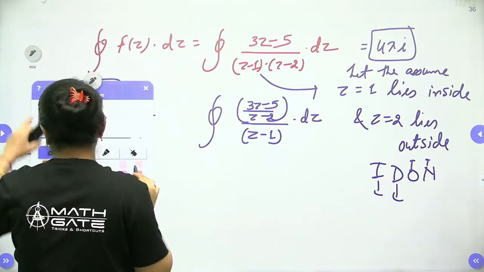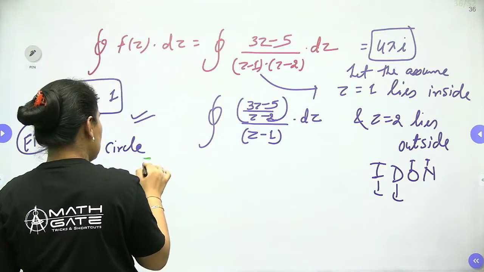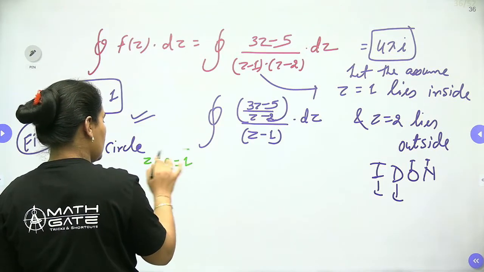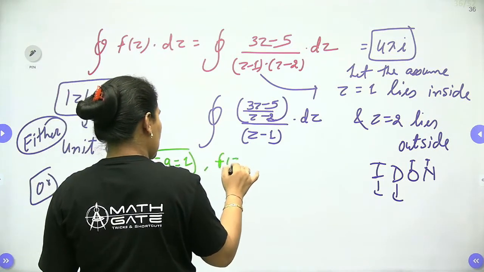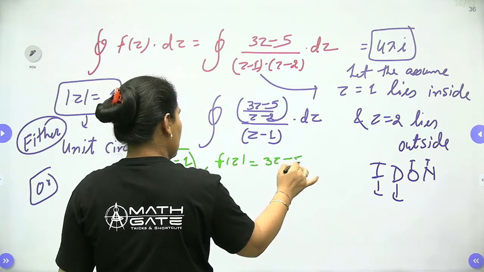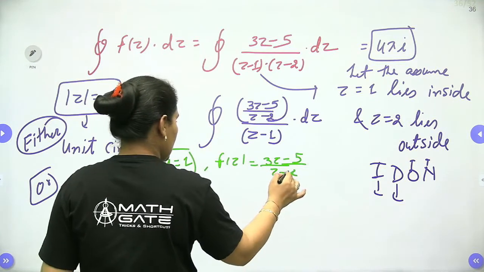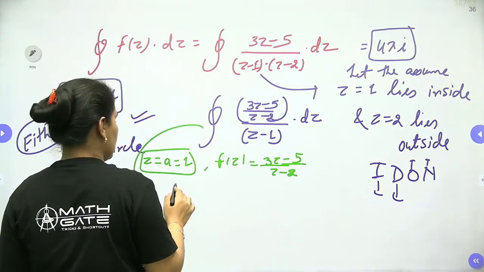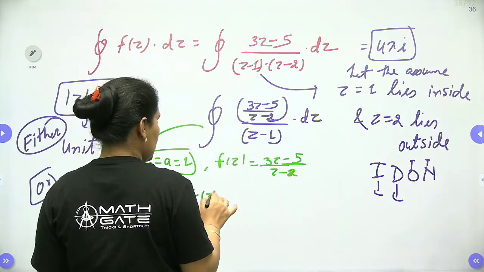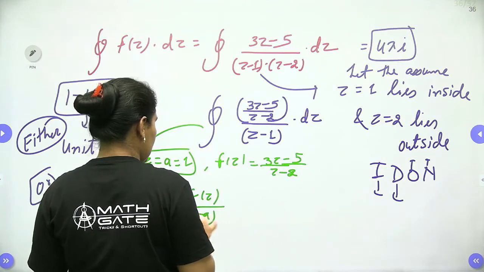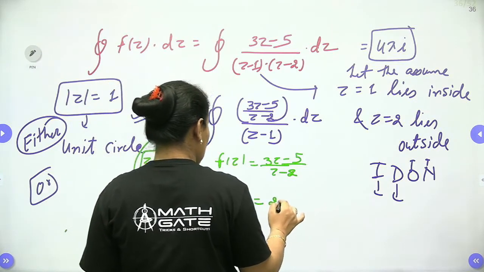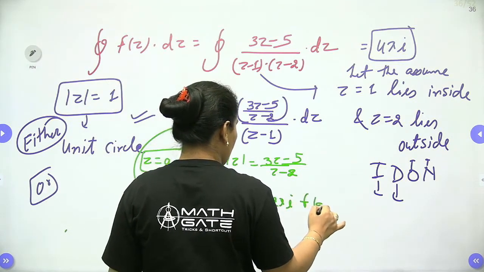So we can conclude from here that a equal to 1 only, and f(z) equal to (3z minus 5) by (z minus 2). We know very well the formula: closed integration over C of f(z) by (z minus a) dz is equal to 2 pi iota into f(a).